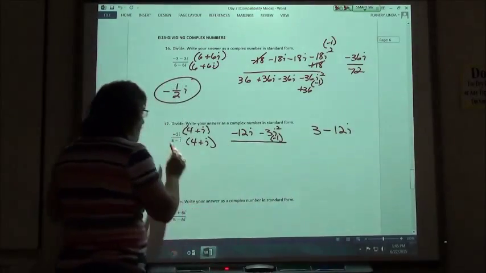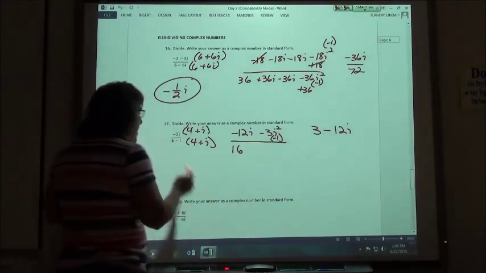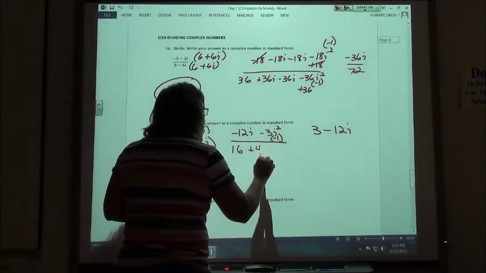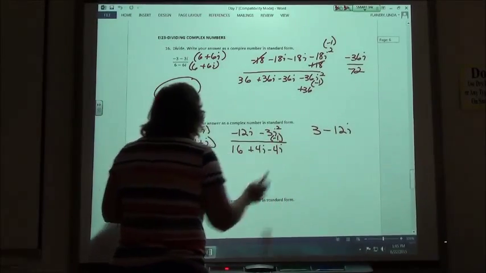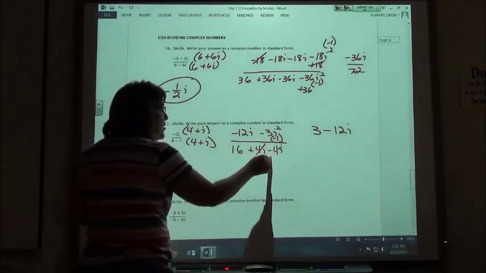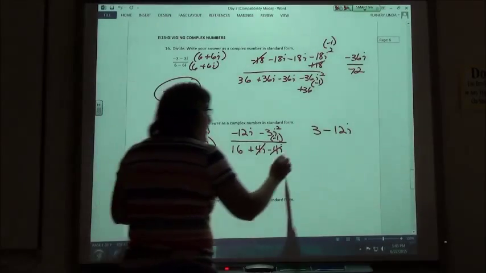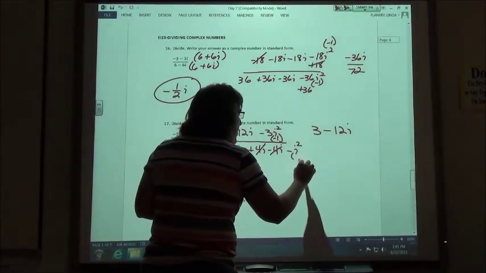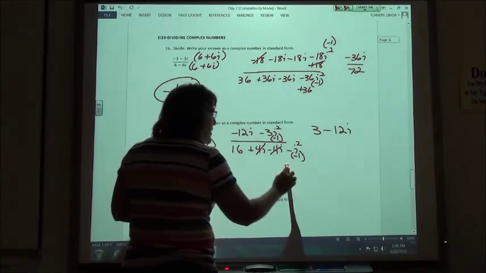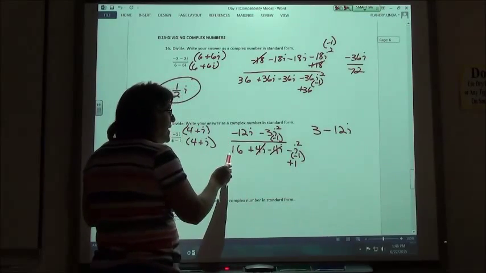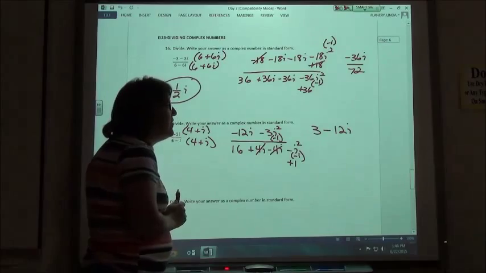On the bottom, 4 times 4 is 16. I'm going to get a positive 4i and a negative 4i for my middle terms, which will cancel out. And then I'm going to get a -i squared. I'm going to put a -1 in there, and a negative times a negative makes it a positive. So I get 16 plus 1, which is 17.